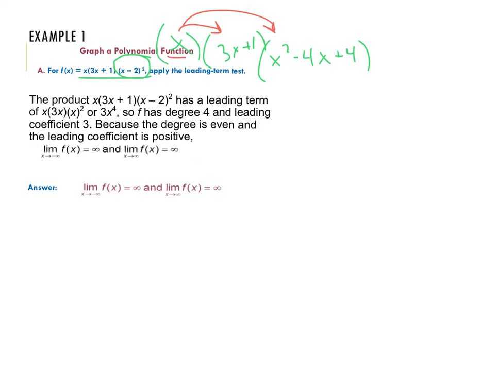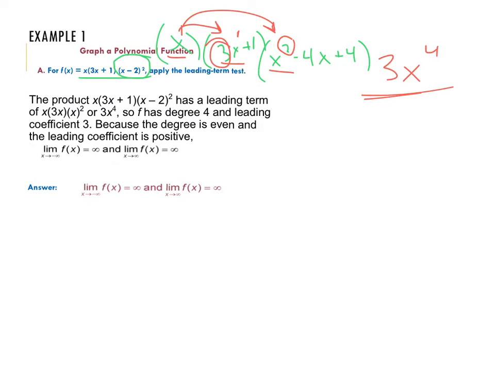So all these x's eventually are going to get multiplied together. So my leading term, if I have an x squared here, I have another x here, and I have another x here, that's a total of x to the 4th. If you don't believe me, you can multiply it out. Also, 3 is the only coefficient I have when I multiply those, so I know my leading term is going to be 3x to the 4th.